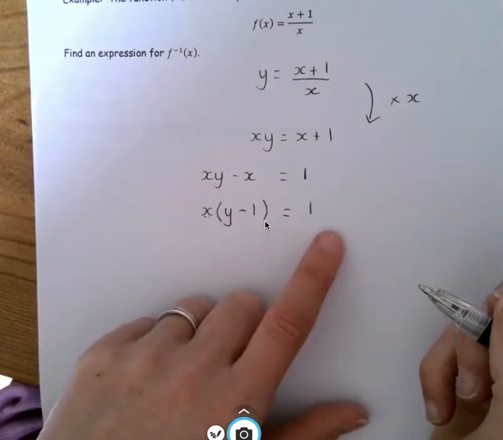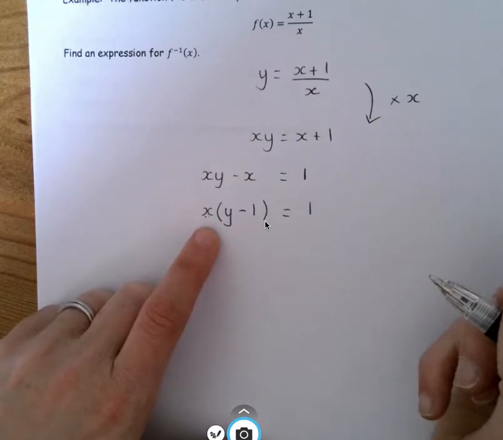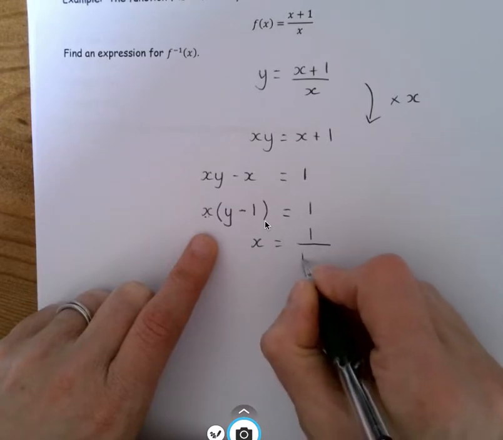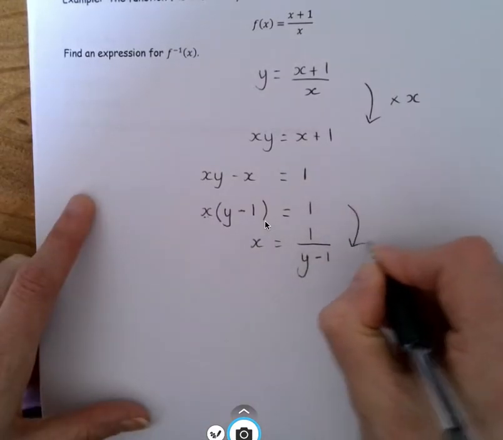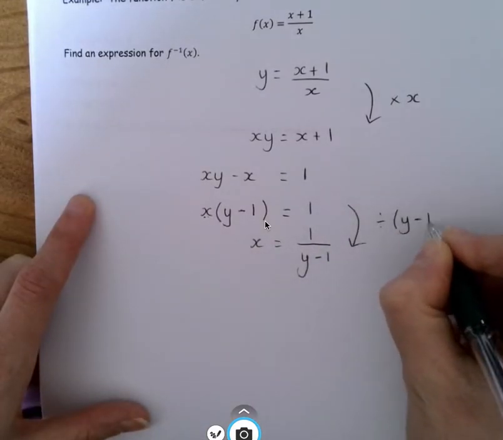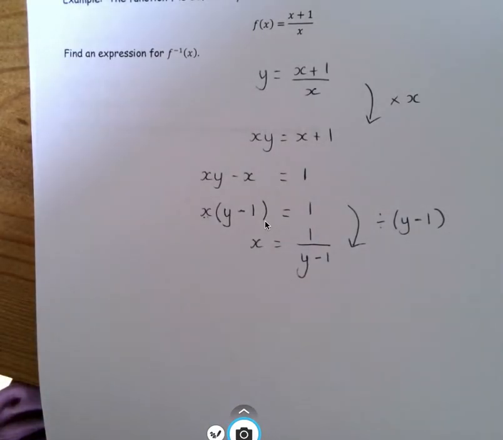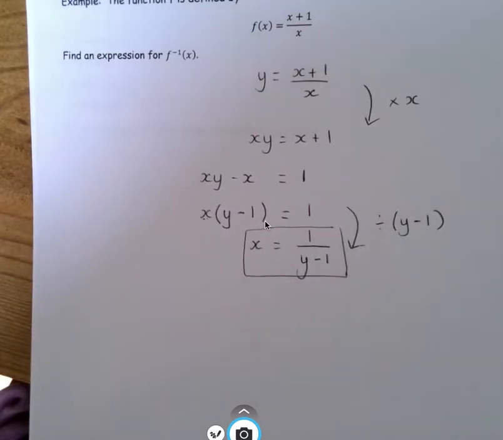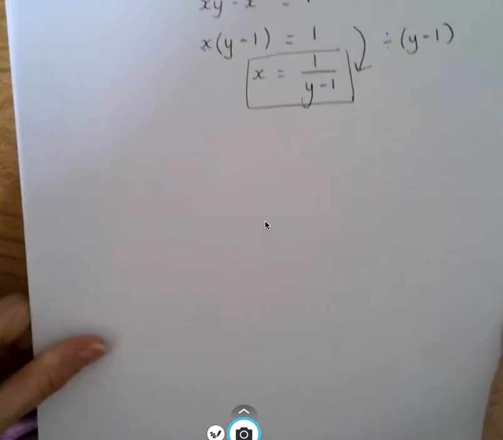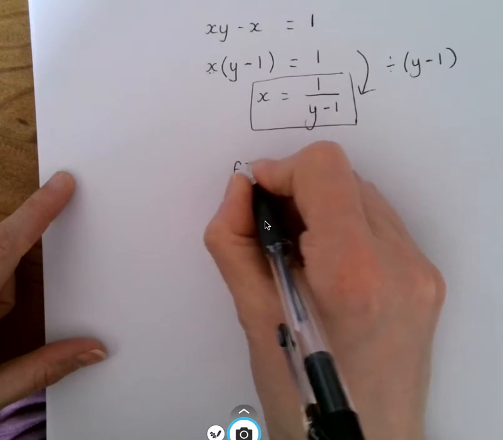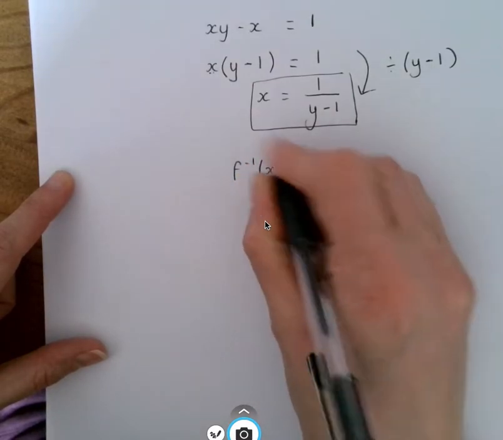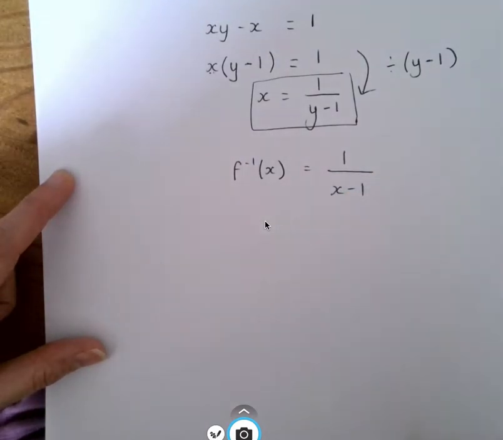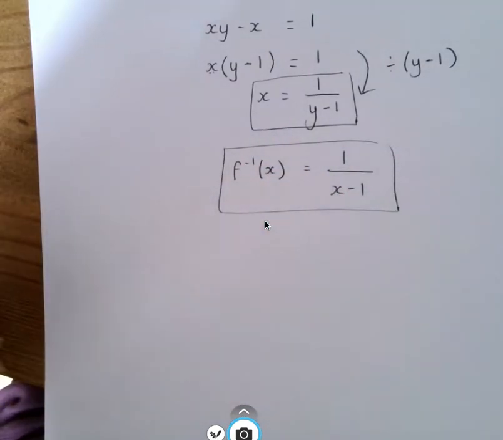So I end up with this equation here, and then if I want x as the subject, I simply divide by y minus 1. So here, this is my rearranged version now, and I just need to put it back into the correct notation. So you've got that the inverse function of x is equal to 1 over x minus 1. Okay, so that would be your final answer for this one.